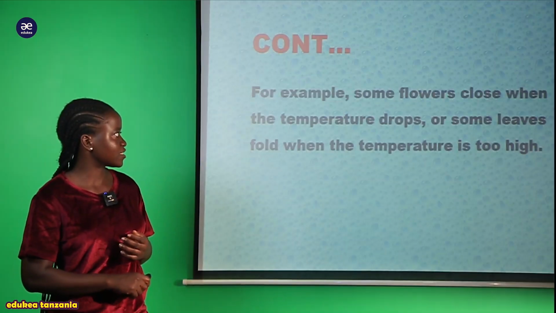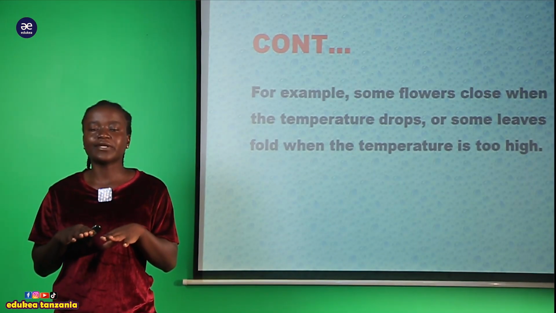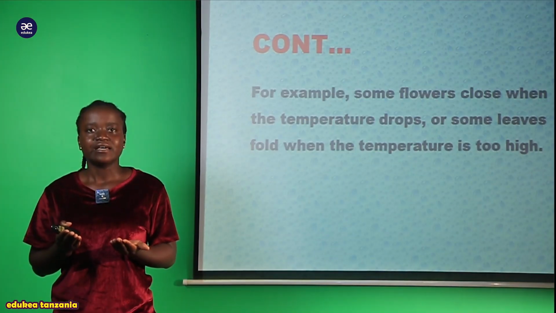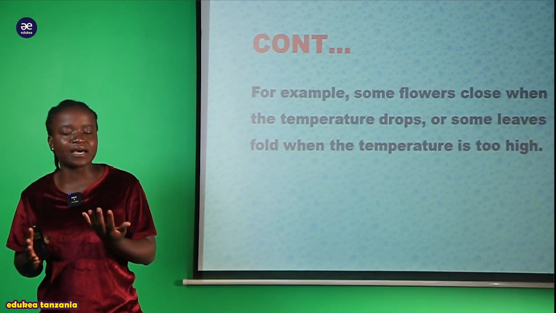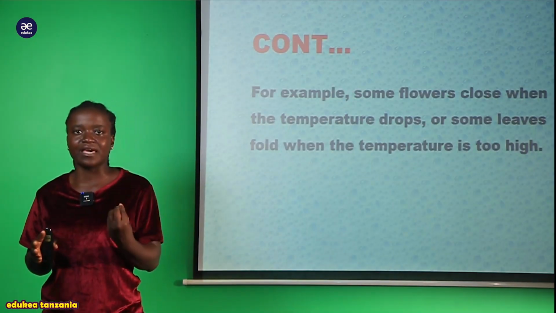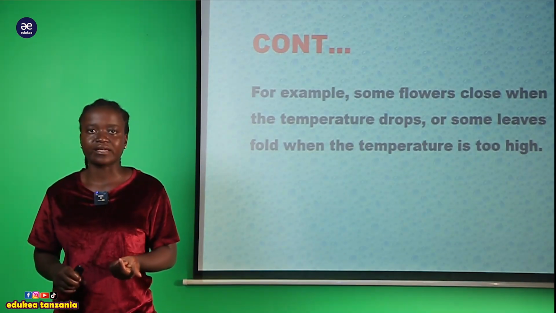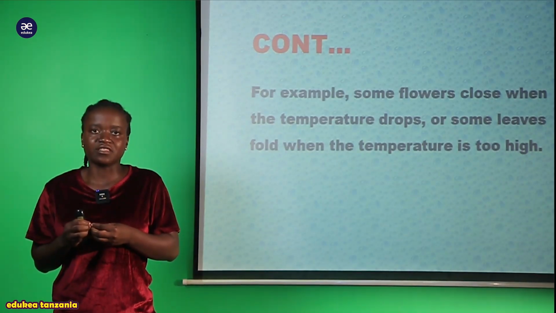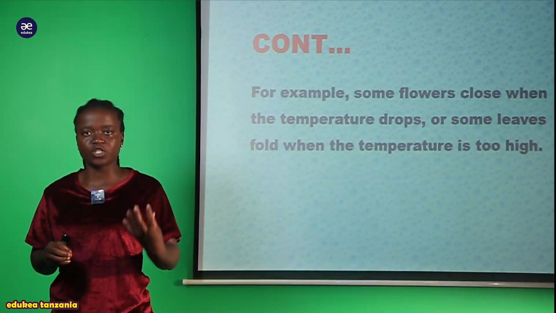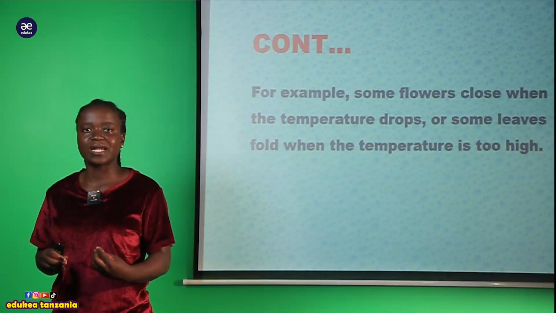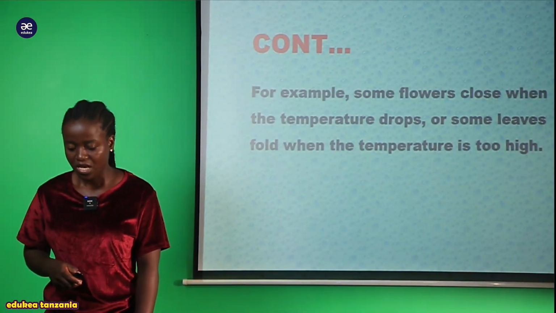Where the temperature is low and it is very cold, the flowers are closed and do not bloom. But some trees or plants respond when the temperature is too high, so their leaves fold themselves. Plants that respond to such changes belong to thermonasty movement, which is non-directional movement provided by changes in temperature.